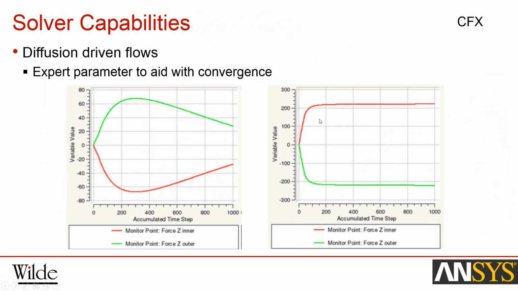Whereas in version 16, after 200 iterations itself, our variable of interest has basically stabilized. So you're saving massive amounts of time, over 800 iterations. That is a massive improvement.